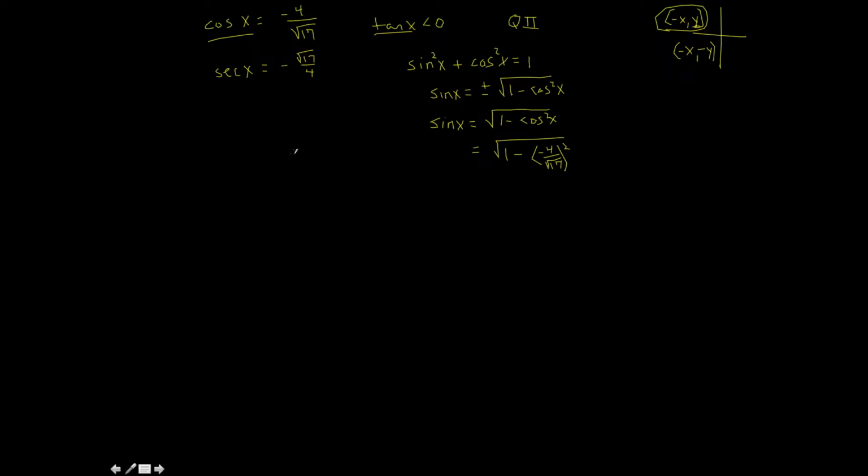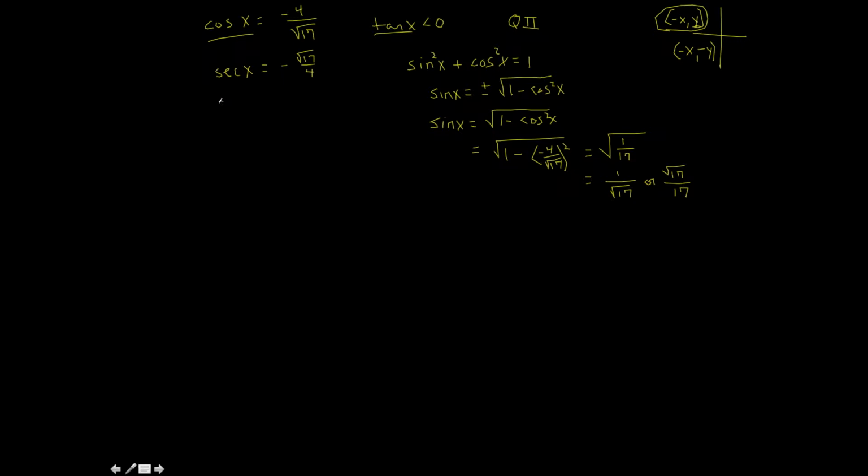Punch that out in your calculator, and you should get the square root of 1 over 17, which equals 1 over the square root of 17. I'll take this answer, or if you want to rationalize the denominator, I'll also take that answer. There's no need to rationalize it, but I'll take either answer. So that would be sine.